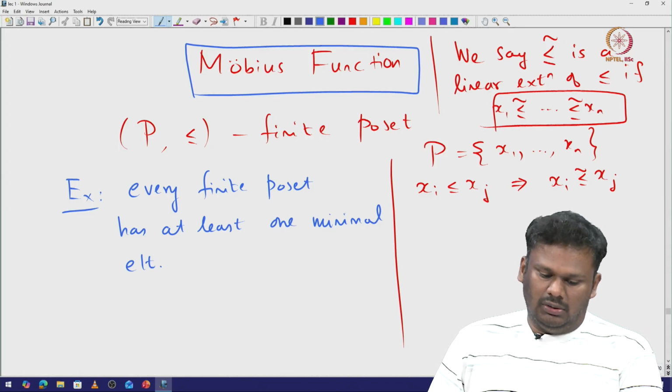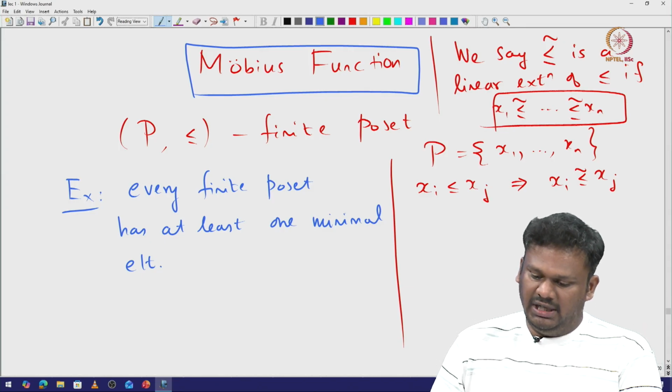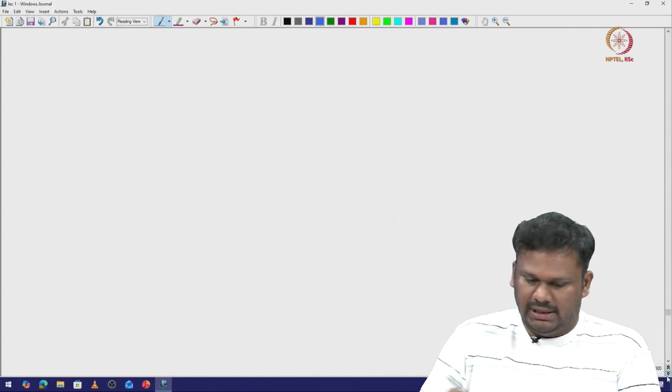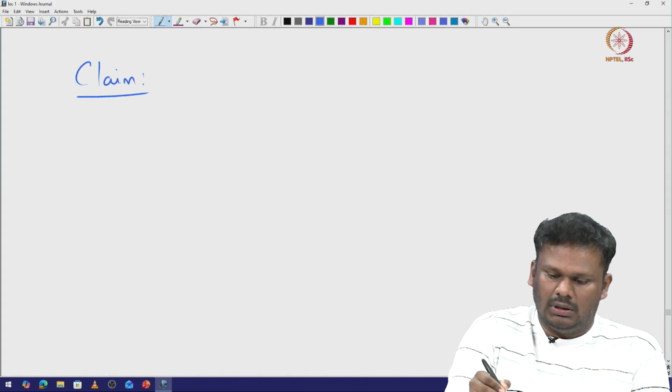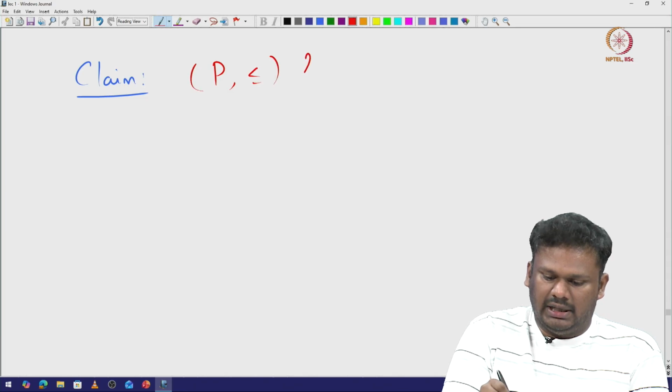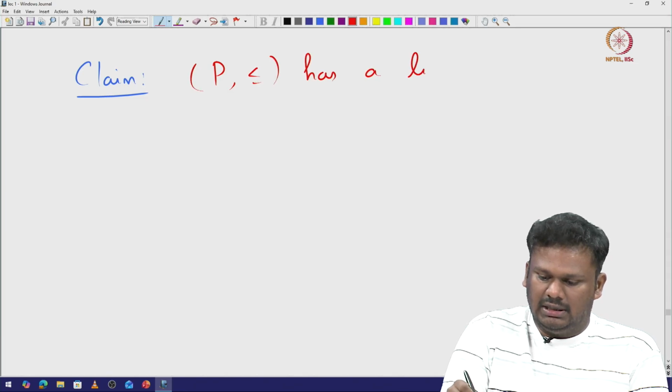Once we have this minimal element, what can we do? We can proceed by induction. The claim is that P with less than or equal to has a linear extension.